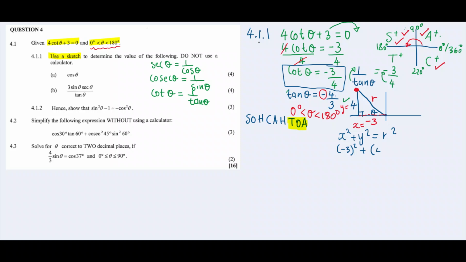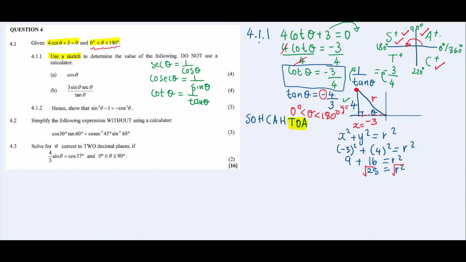So what is the x squared? x is negative 3 squared. What is the y? y is positive 4 squared, which is equal to r squared. So here we're going to say negative 3 squared. It's going to give us 9 plus 16. This gives us value 25.